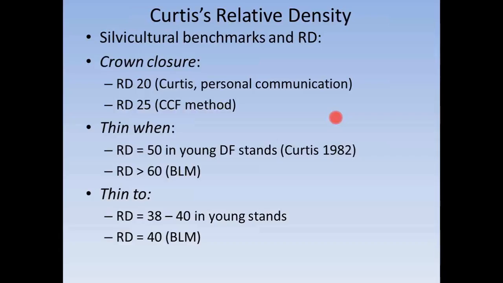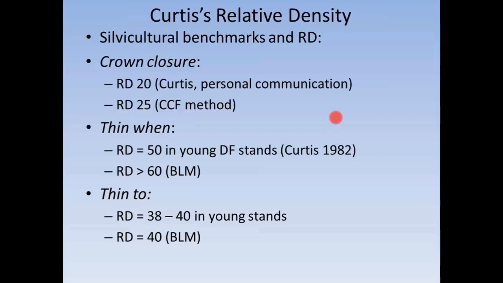So there have been various prescriptions for thinning at different RDs, and I didn't have a lot of time to go through all of them. But I looked a bit, and I found some guidelines for how you use RD for thinning. Curtis and some original work suggest 50 would be the point where you would thin in young stands. Some guidelines for the BLM suggest thinning when RD is greater than 60.